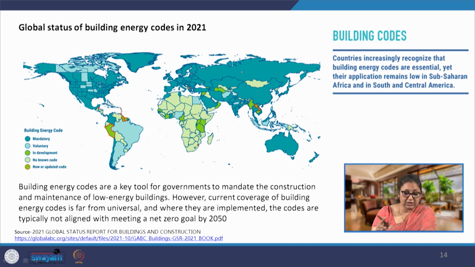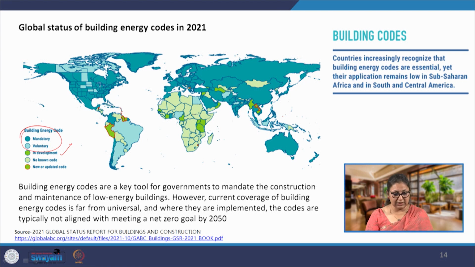Now, if we look at one of these indicators, which was building codes, we will see that more and more nations have come up with building energy codes. All the dark blue and the light blue that we are seeing on the world map here are the nations or states which have already notified the building energy codes, either mandated or not mandated, in their respective nations or states. In some cases, shown in green here, the building energy codes are in the process of development, and the others, which are fewer, are the ones where no known building energy code exists.